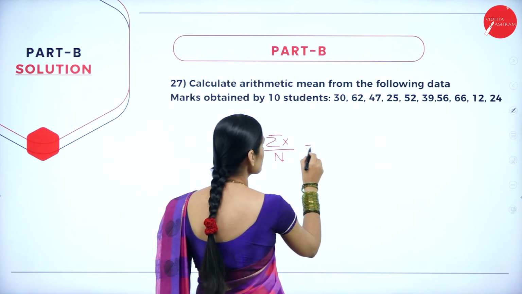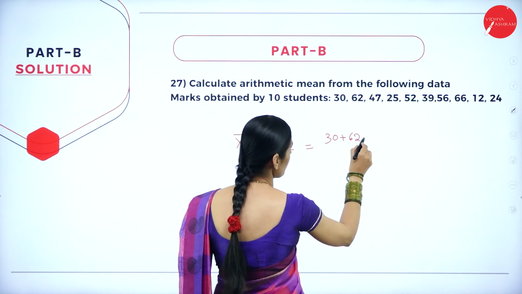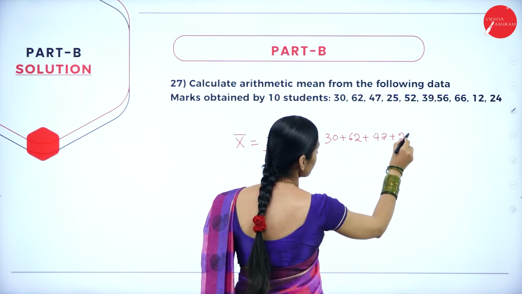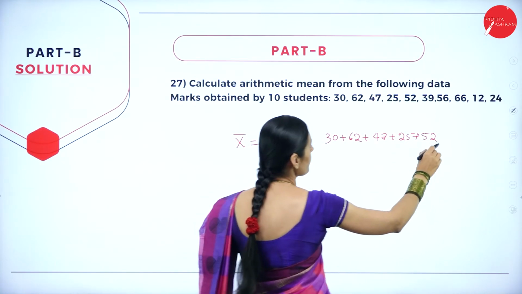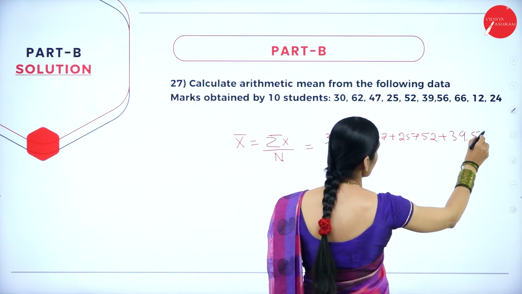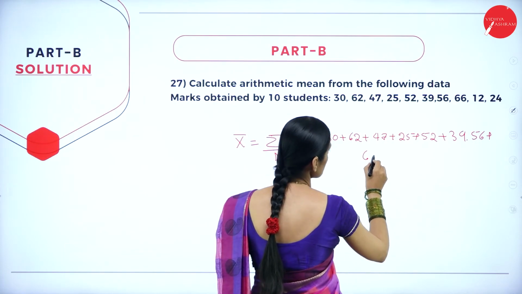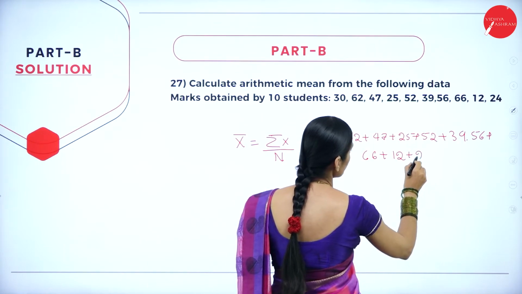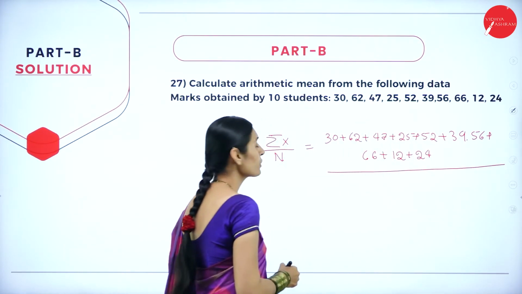Summation x, how to find that? 30 plus 62 plus 47 plus 25 plus 52 plus 39 plus 56 plus 66 plus 12 plus 24 divided by the number of observations.